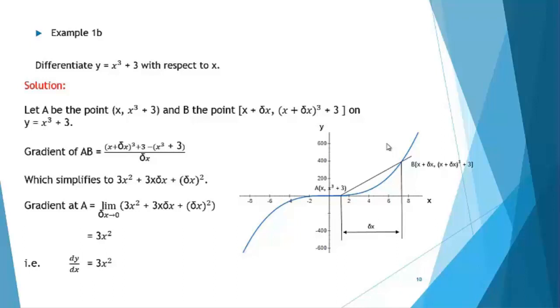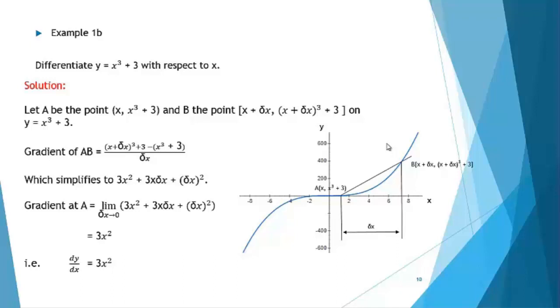So we are taking A and B as two points on the curve y = x³ + 3. As we need to find the common expression for the gradient of AB, we are taking the point A as (x, x³ + 3), and we are substituting x + δx in the equation y = x³ + 3 to get the coordinates of B.